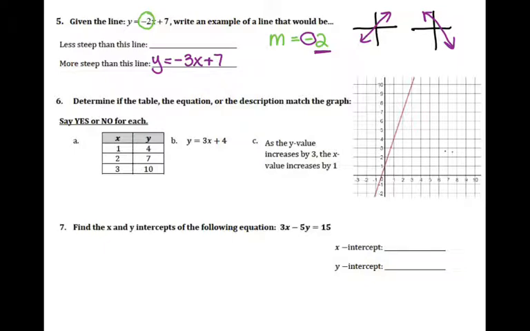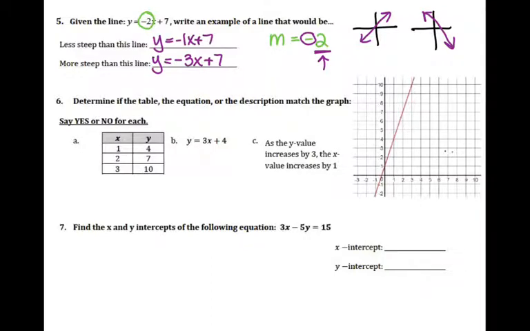In order to find a line that is less steep, I want a number that is smaller than that 2, preferably between 0 and 2, because once again, we're just looking at the positive values. We don't want to go negative, because you could end up going more steep. Sorry, going off on a tangent. So I want a number that is smaller than 2, but bigger than 0. So I'm going to go with, we'll keep it simple, y equals negative 1x plus 7.